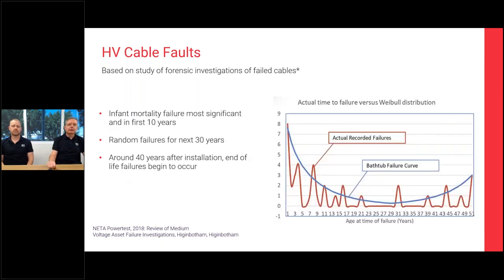Looking a bit deeper into that set of statistics that was put together, the reference is down the bottom here, what we find is that there is a significant proportion of infant mortality failures generally in the first 10 years, and that absolutely lines up with the workmanship issues. It's not an easy case.